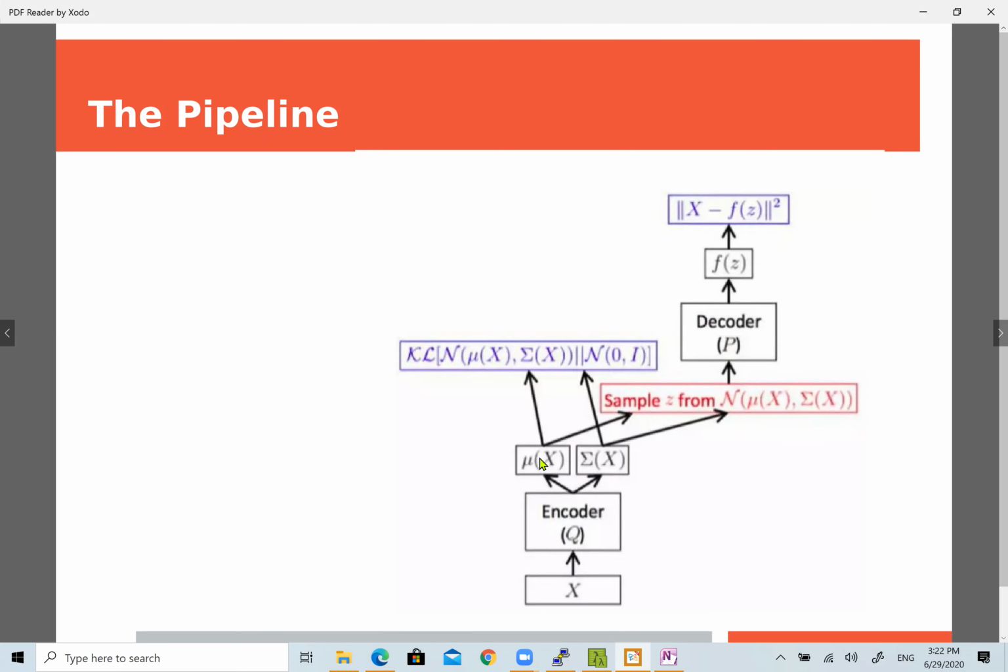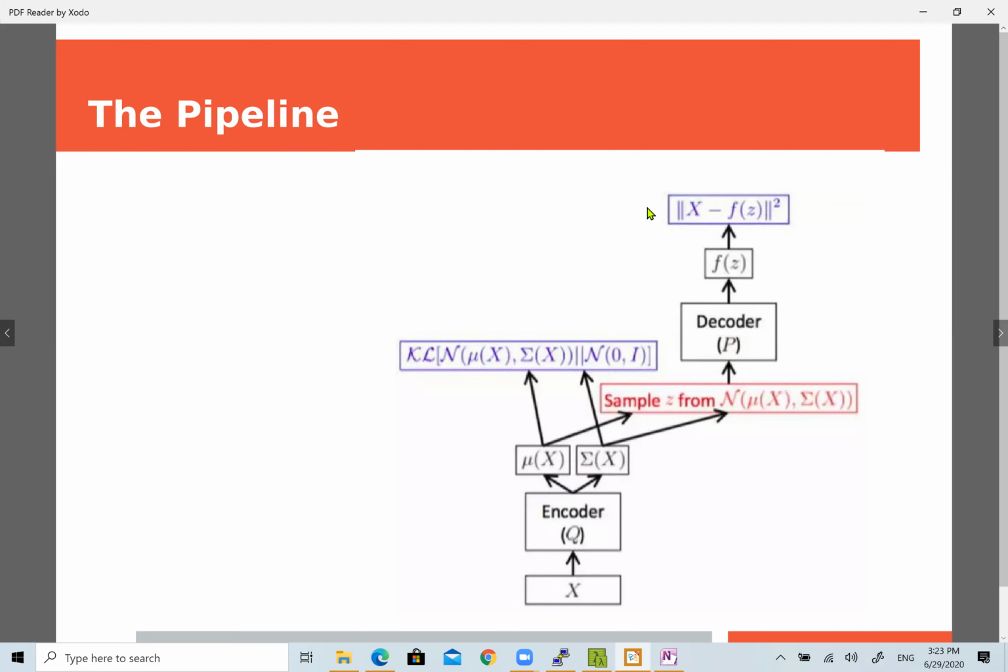So you calculate the mean and the variance. And then you use this mean and variance to construct a Gaussian distribution function. From there, you sample some different z from this q phi of z given x. You throw your sampled z into your decoder. This is your generative model. So calculate the f of z, and we use this f of z as the Gaussian distribution function's mean. So you can get your final output.